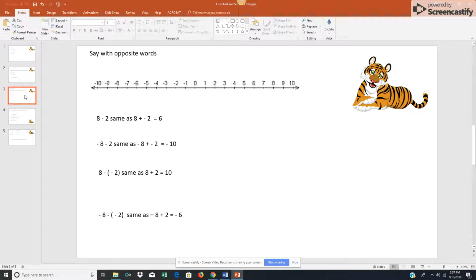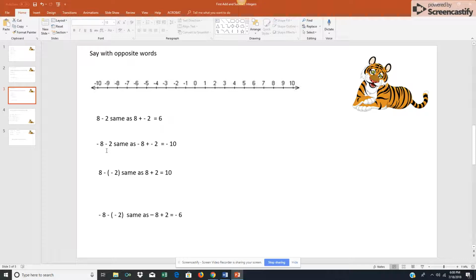Here are 4 more problems I want to take a look at with you. 8 take away 2 is the same thing as 8 and the opposite of 2, which would give me a 6. And we'll take a look at all of these on the number line in a moment.